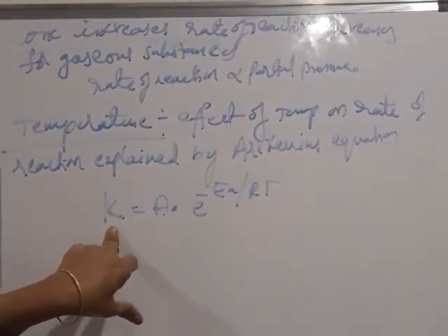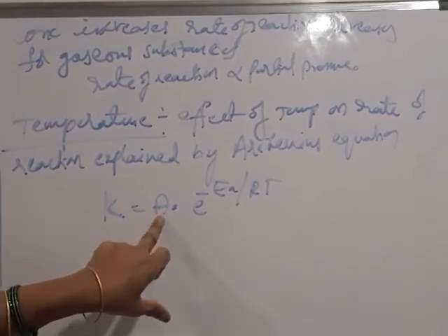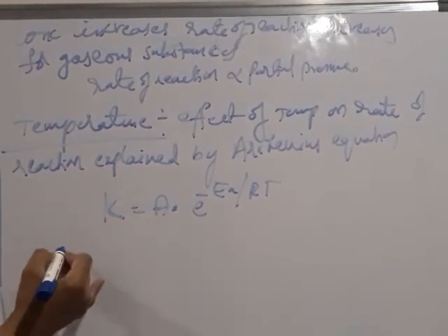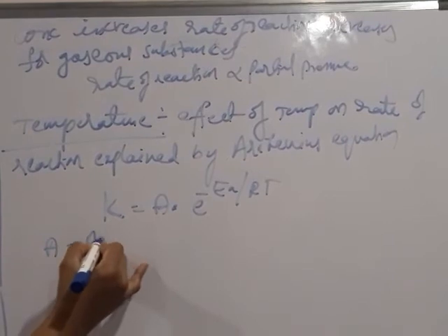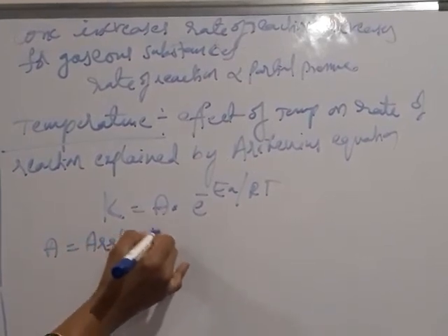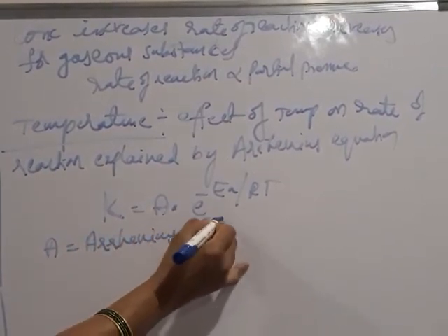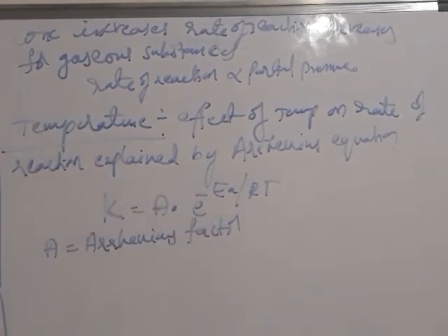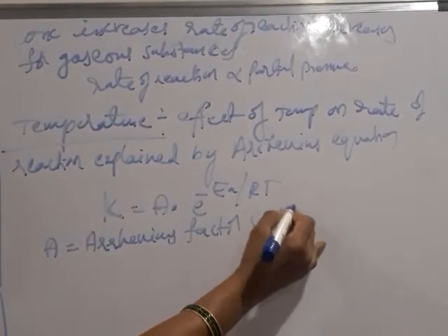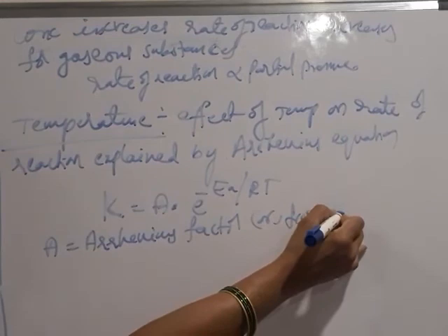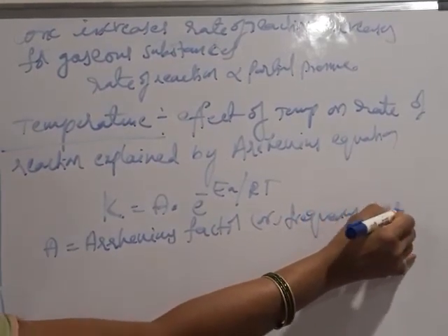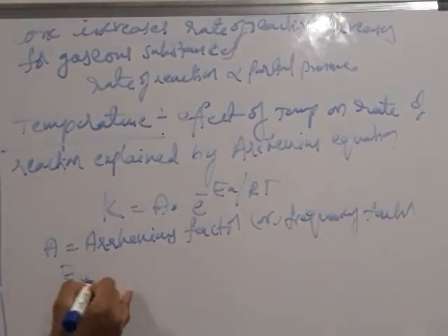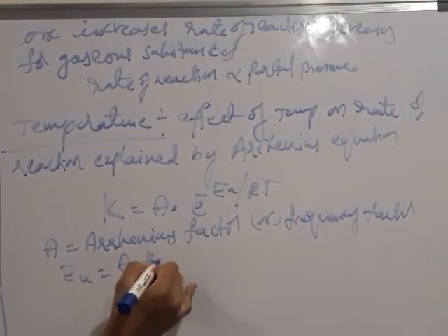So K is rate constant. A is Arrhenius factor. This is also called as frequency factor. And EA is activation energy.